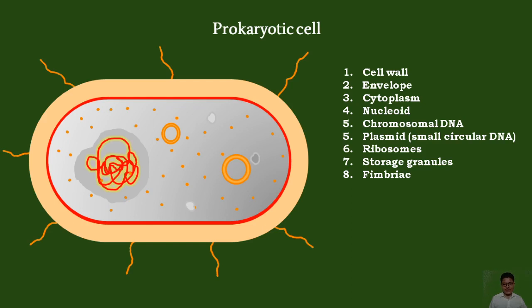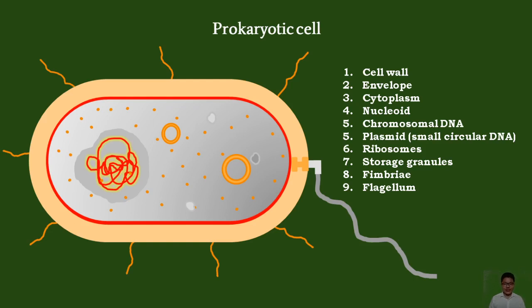Some fimbriae may be longer and are known as pili. Pili is plural, pilus is singular. We also have flagellum for movement of bacteria. So these are some of the characteristic structures of prokaryotic cell, unique from plant cell and animal cell.